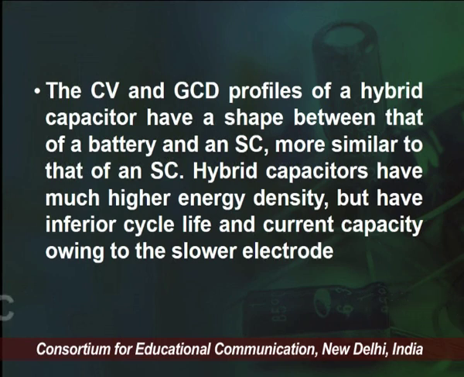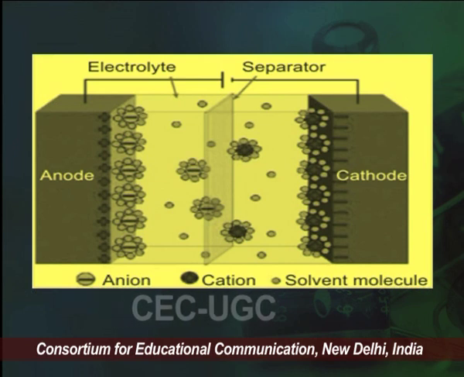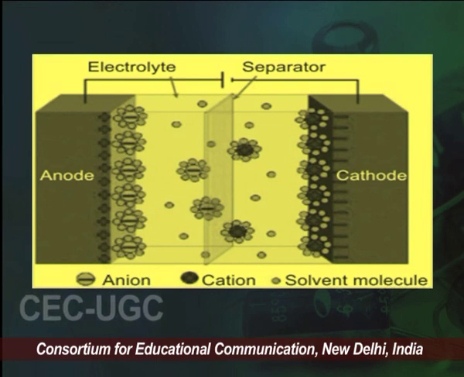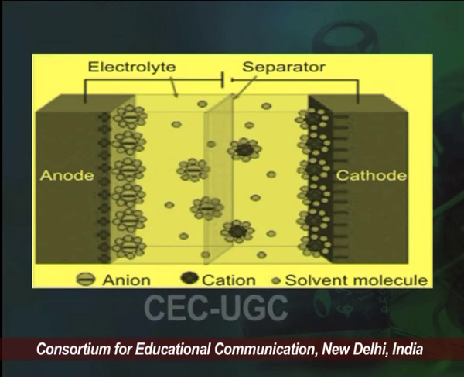Hybrid supercapacitors have much higher energy density but have inferior cycle life and current capacity owing to the slower electrode. You see on the screen that this is the hybrid capacitor, that is anode, cathode, and there is a separator, and in between we have an electrolyte and solvent molecules also.